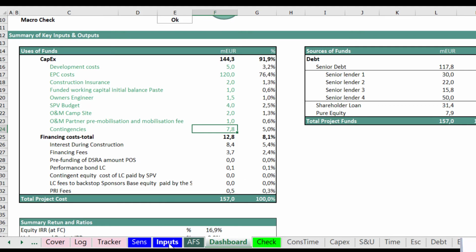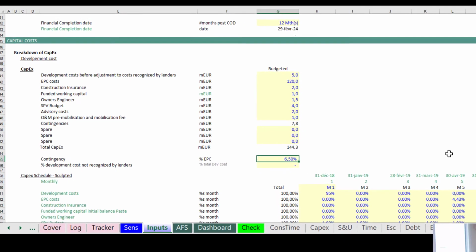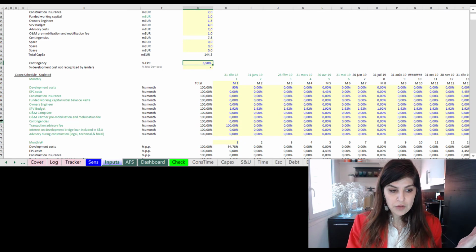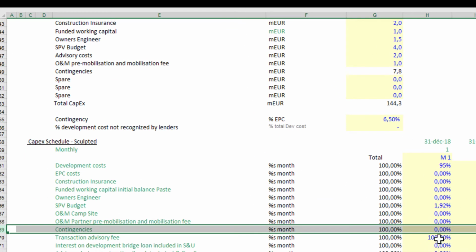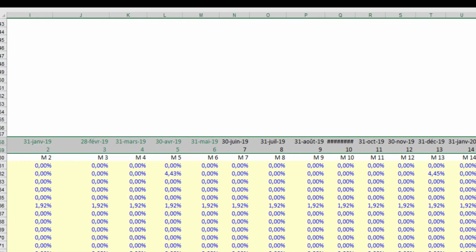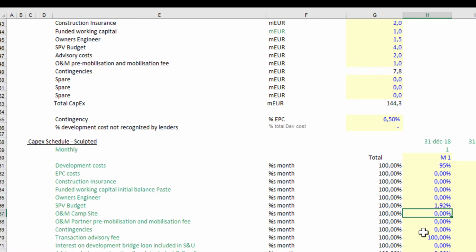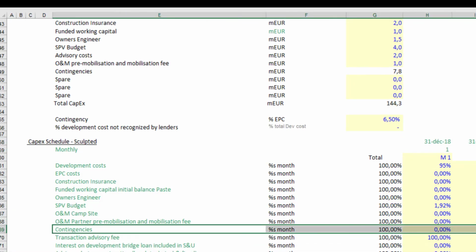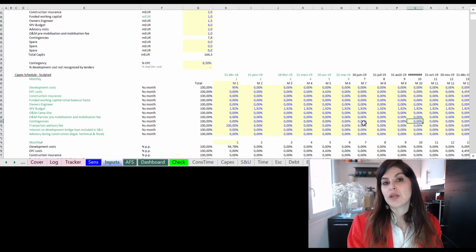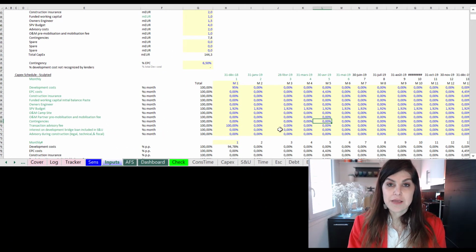The second thing that we discussed was the flexibility about how we're going to spend this contingency. As you can see here, I have a line item for the percentages for EPC, so I can modify it. This is around 33 months. I will either spread it equally throughout the construction, or I will put it in certain periods when I know that the project has higher risk.